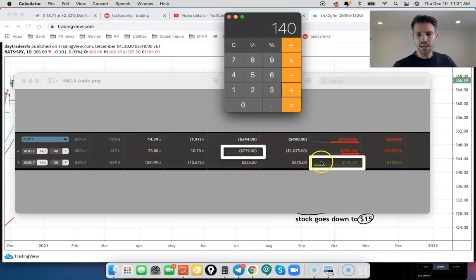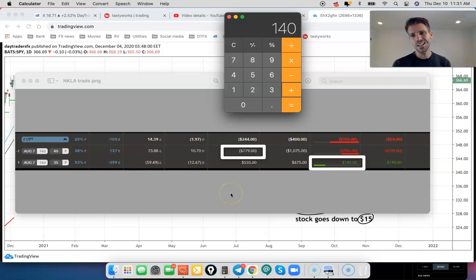Well, if we get that money back plus some, plus $140, then now we're left with this $779, which is the credit we received from our short put. Well, not only do we have $779, but we have $140 over here. So the way that we calculate where our break even is and where our stock ownership really is, the broker's saying, hey, you just bought 100 shares at 40 bucks.